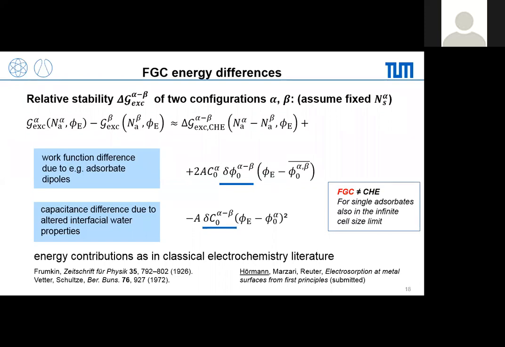We always rely on using the absolute SHE reference potential, but the experimental value has a rather large uncertainty of like 0.2 or 0.3. So my question is, is this not an argument for not using the constant potential? And should we rather use the theoretical absolute potential or the experimental value? Yeah, I mean, that's a good question.